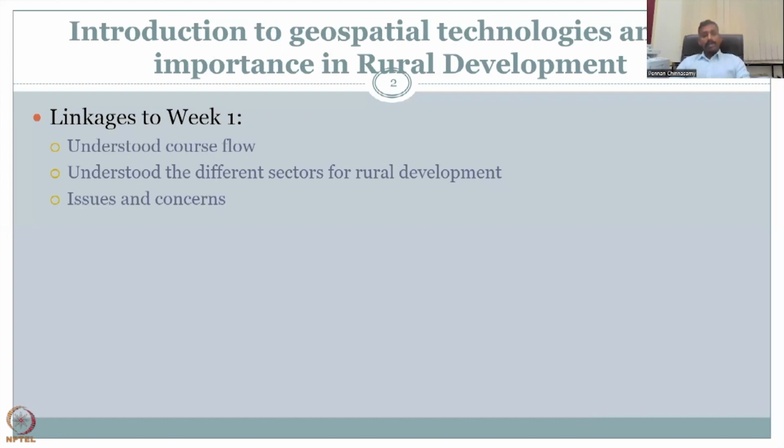We also looked at issues and concerns and how we're going to address it. The major issue is there are a lot of schemes, a lot of positive work that can be done. However, mapping the needy with the schemes is tricky.